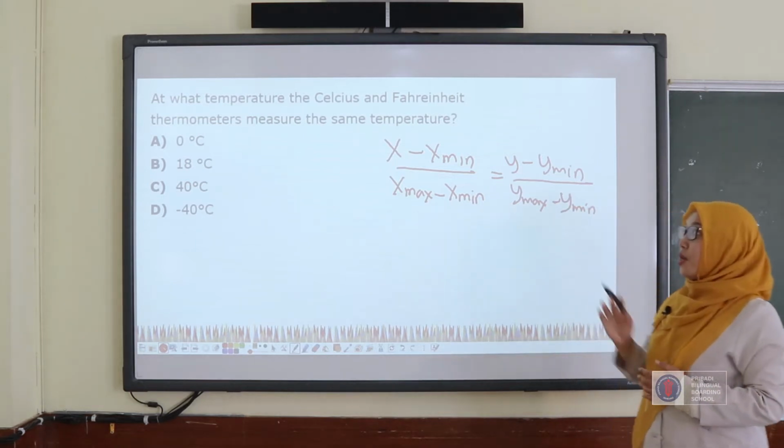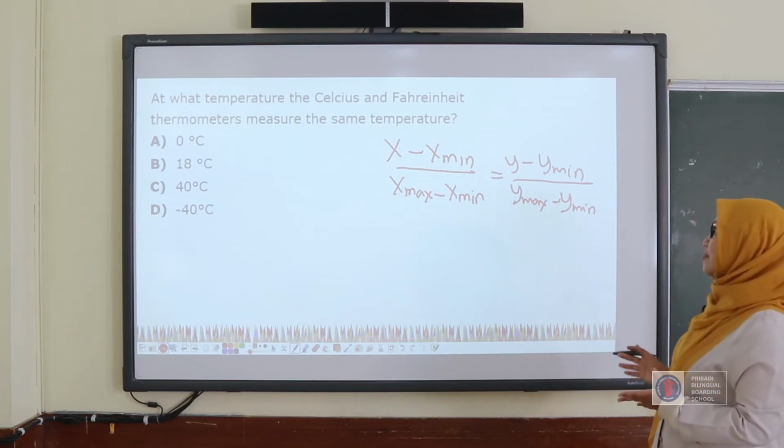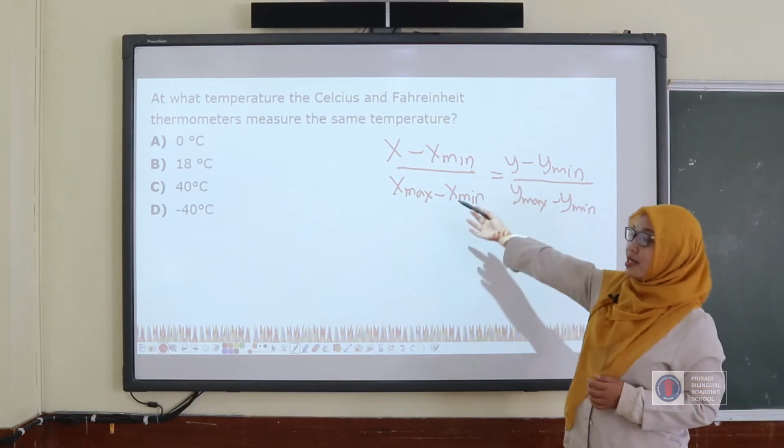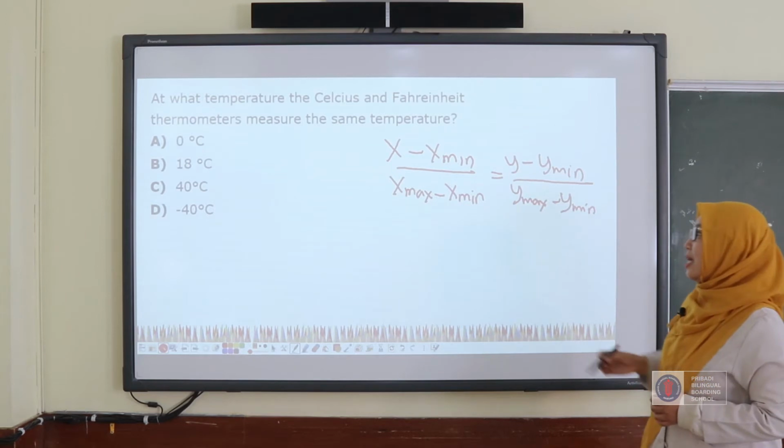Here we have two scales. The first scale is Celsius and the other scale is Fahrenheit. We can suppose that Celsius is the X scale while Fahrenheit is the Y scale.